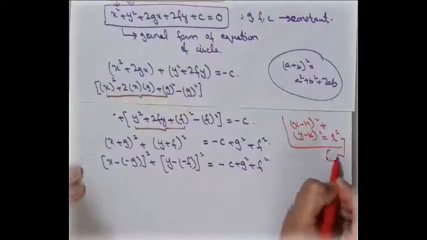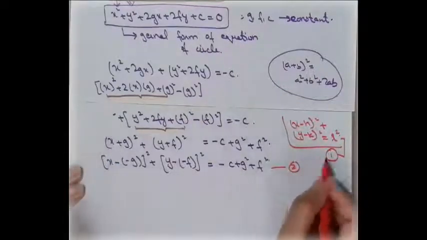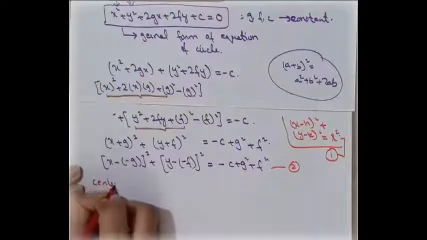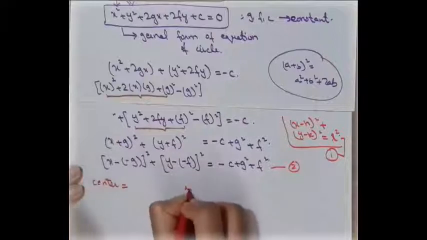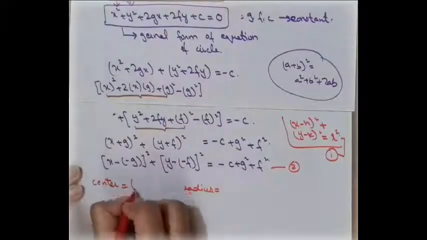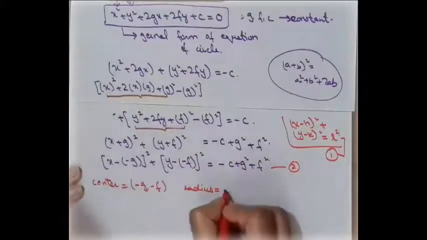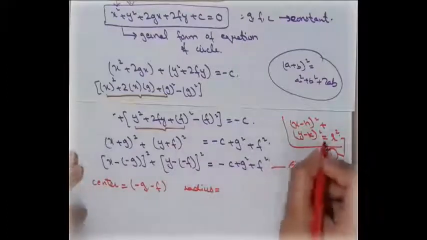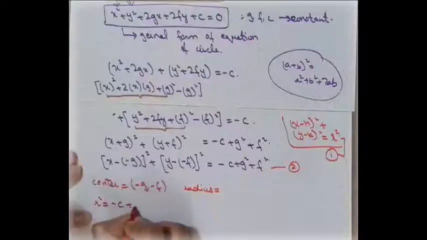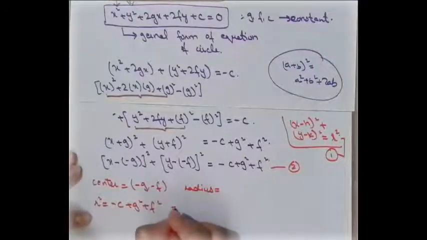If we suppose this is equation 1 and this is equation 2, then comparing the first and second equations, we have to compute the center and the radius of the general form of equation. The center is (-g, -f), and comparing the two equations, r square is equal to minus c plus g square plus f square, but we have to get rid of the square.